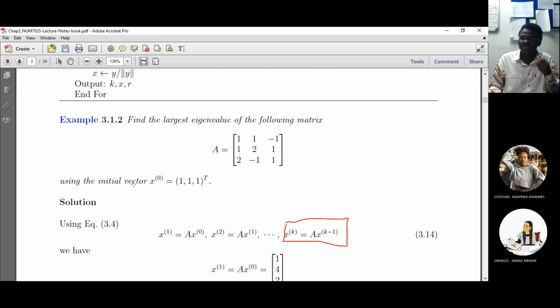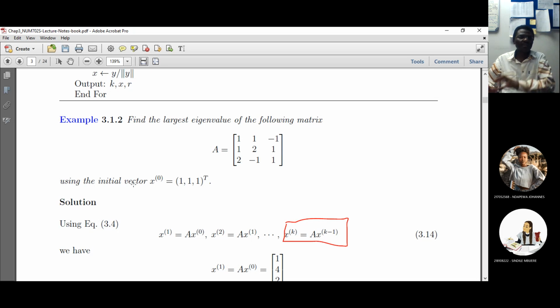Each time you have an iterative method, you need to find a good initial guess, because a wrong initial guess will take more time to converge. At the end of the day, it will converge, right? If you have a good method, a converging method, you end up converging. But it will take more time if your initial guess is far away from the solution.